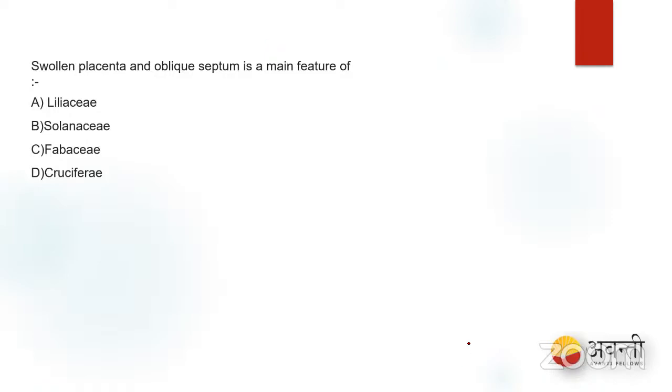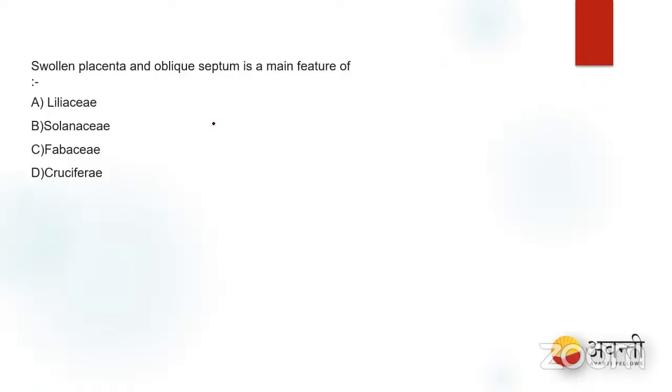Okay, students, I will end the poll. Whenever it comes to oblique septum, I will give you one of the best examples to look for, that is capsicum. Whenever you cut the capsicum, you can see that within it there is a septum that is dividing the capsicum into several compartments, isn't it? So capsicum is an example of having an oblique septum.